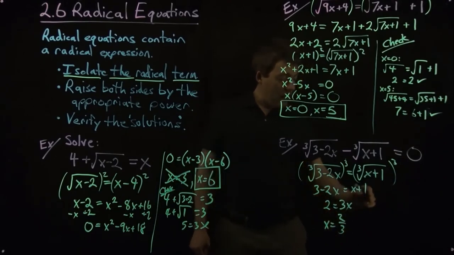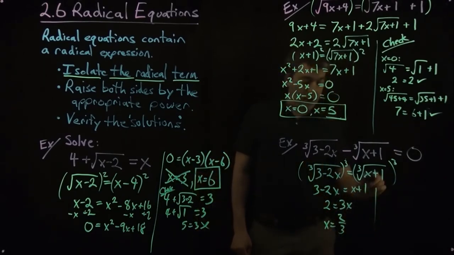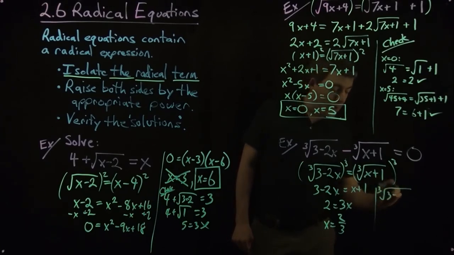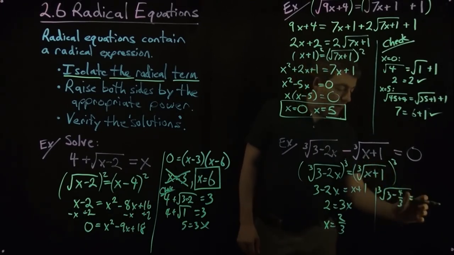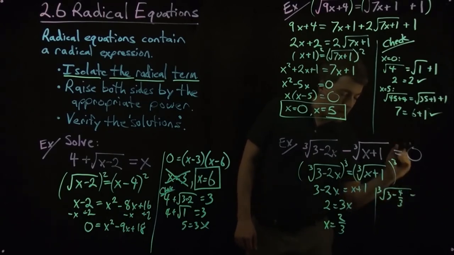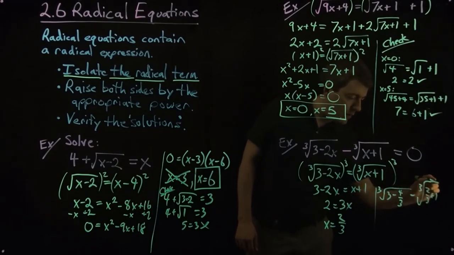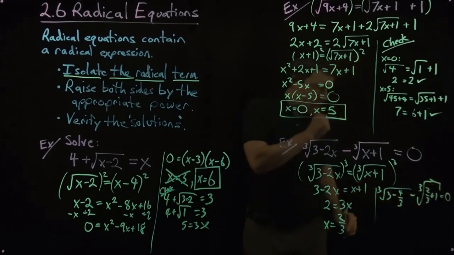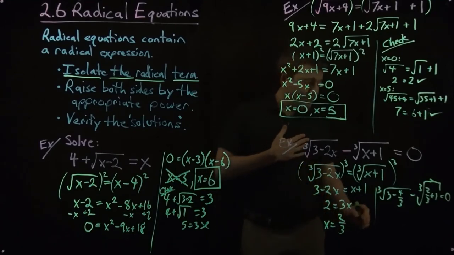All right, and we should check. So we have cube root of 3 minus 2 times 2/3, so that's 4/3. Minus cube root of 2/3 plus 1 equals 0. Excuse me.